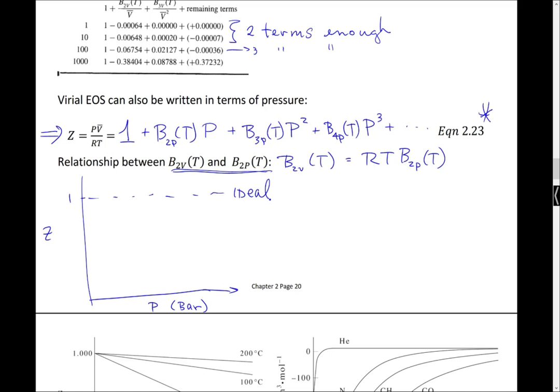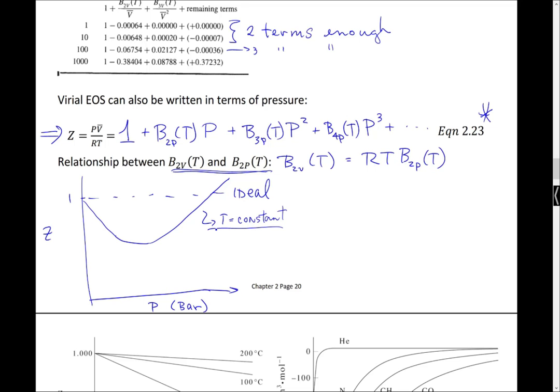And so what we've seen is at low pressures, it's common to have some negative deviation. We pass through a minima, and then we go to higher values. And the only other thing, T, is constant. Okay. So what we've said is that this series can fit this curve.